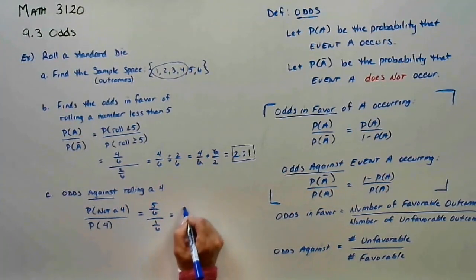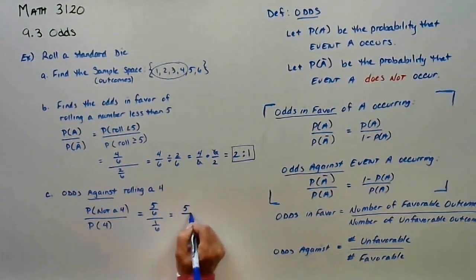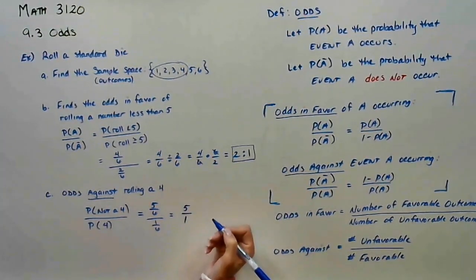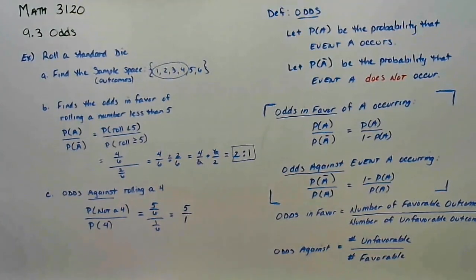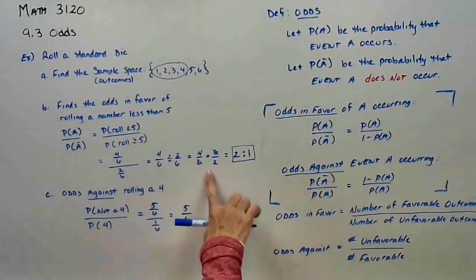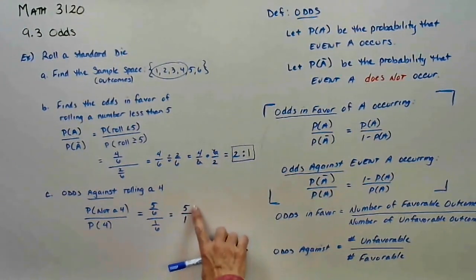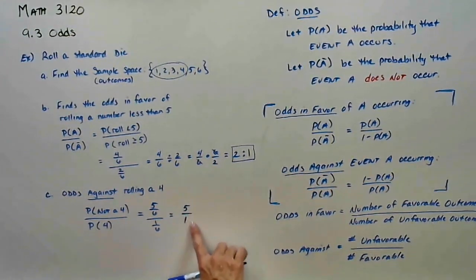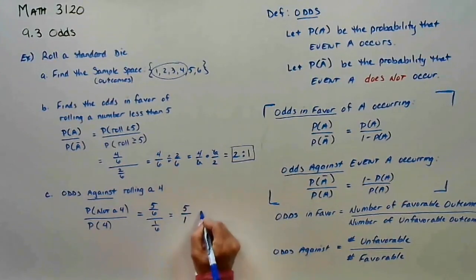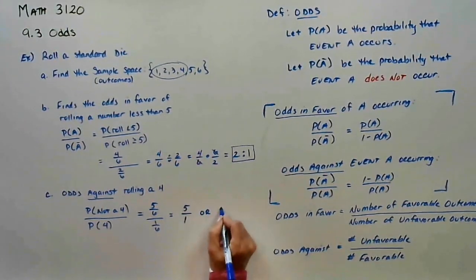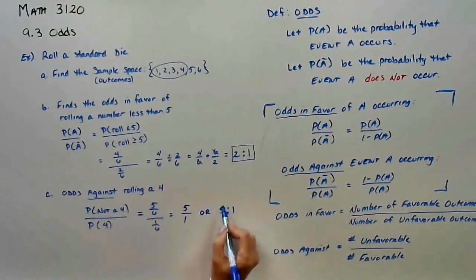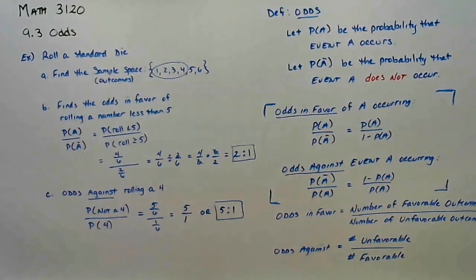How many ways not being a 4? 5 to 1. That's the same as 5/6 divided by 1/6 if we do the same arithmetic. So you could say the odds against rolling a 4 are 5 to 1. Or you could write it as the ratio 5:1. 5 to 1 odds against rolling a 4.